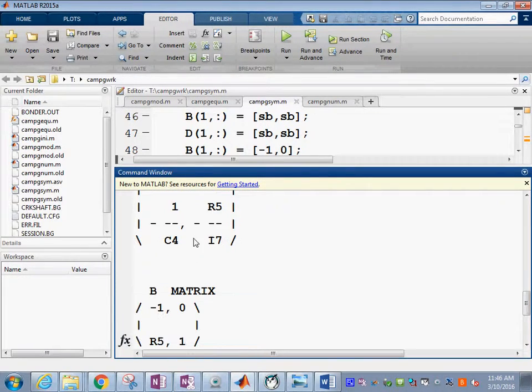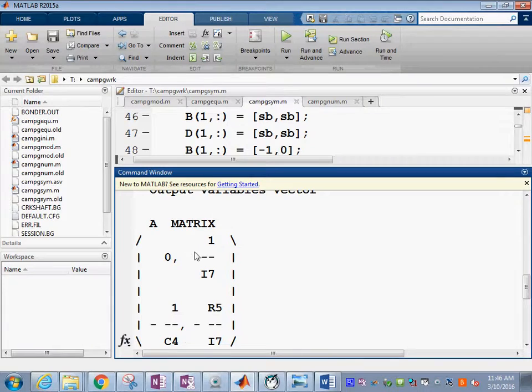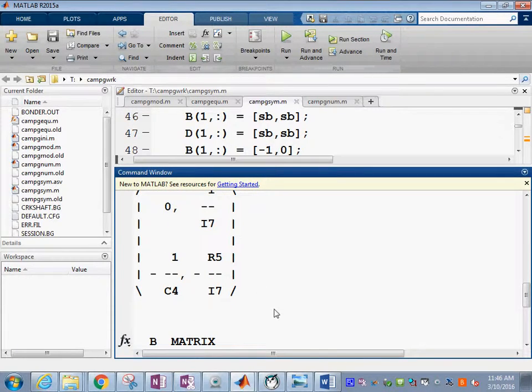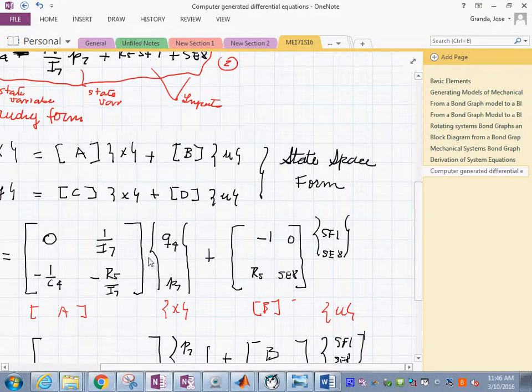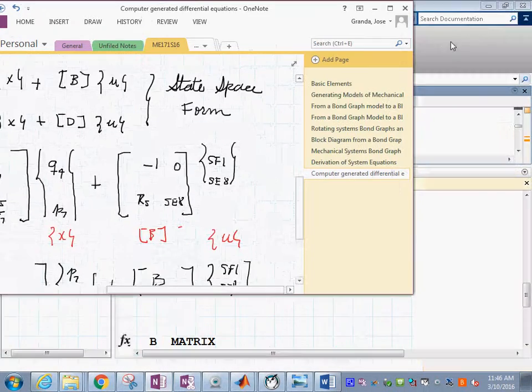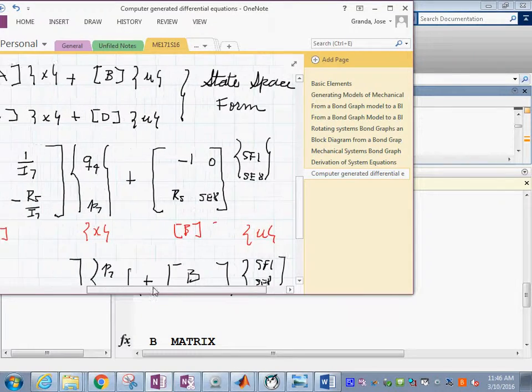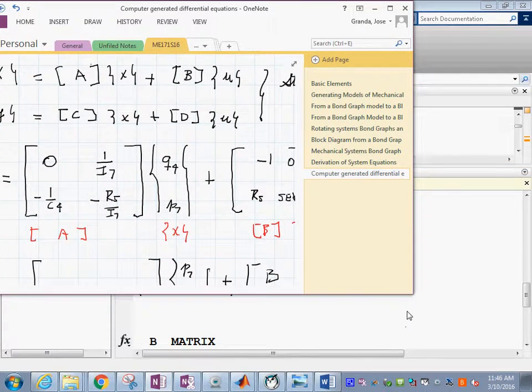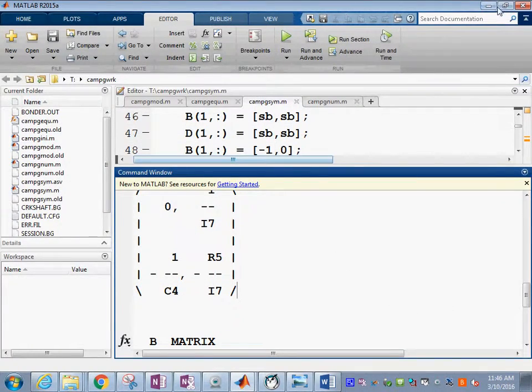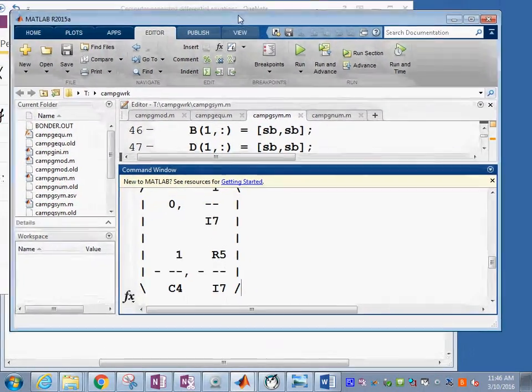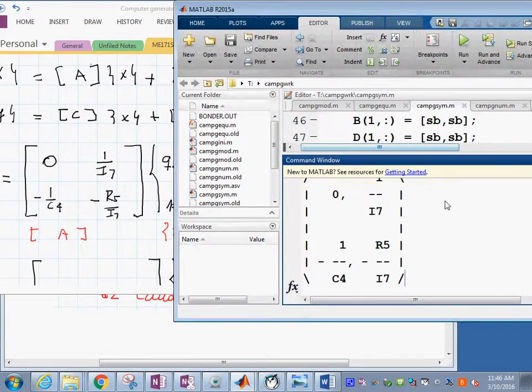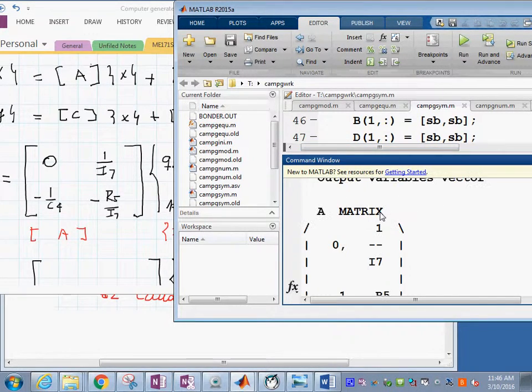And so with this, I have shown you that we have produced a computer-generated set of equations, but also we produced the state space form automatically. All we have to do to complete this state space form is to get the output equations, but I didn't want to get too many things at once. But the A and B matrix first, and we'll deal in the next lecture with the output equations, just to complete the explanation.